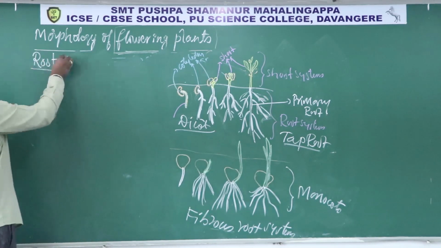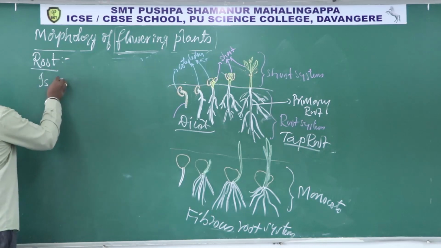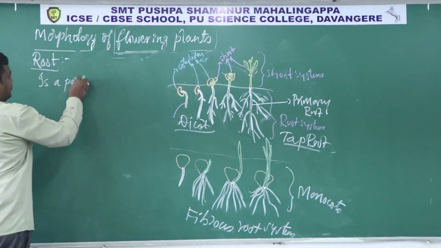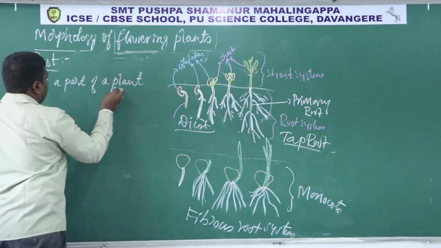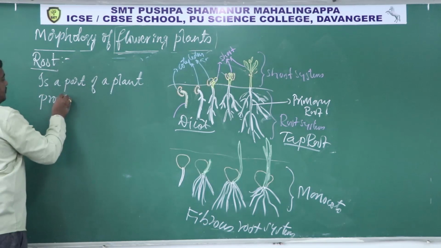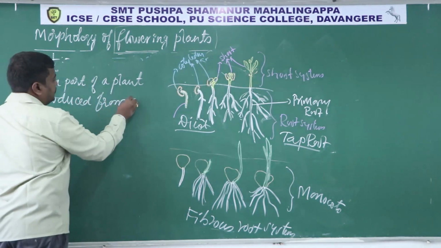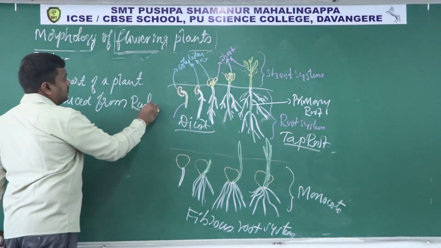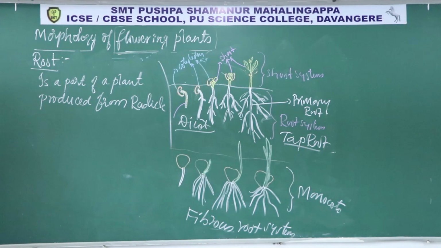Let us start with the root. I already discussed that a root is a part of a plant produced from the radical. Radical ಇಂದ ಪ್ರೊಡ್ಯೂಸ್ ಆಗುತ್ತೆ. Okay.